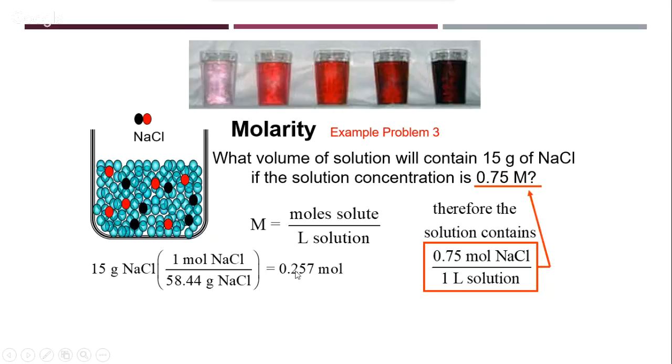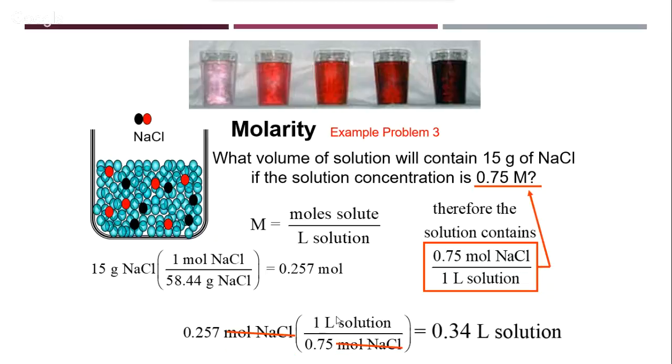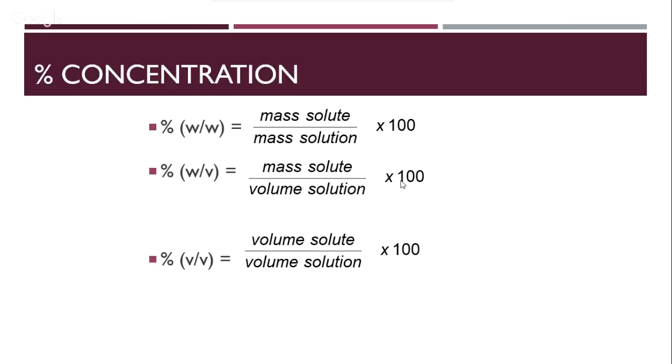Now, to get 0.75 moles per liter concentration, I simply divide those and end up getting 0.34 liters of solution required to dissolve 15 grams of NaCl to get that molarity. So moles of solute divided by concentration gives volume of solution.